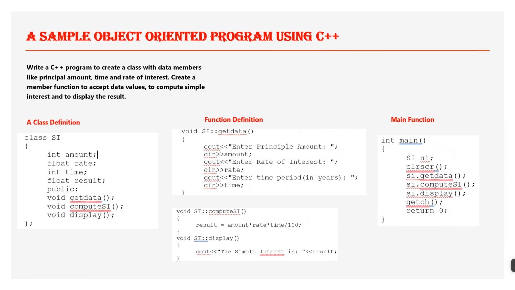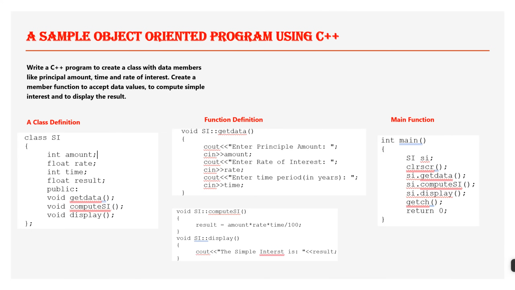The problem statement is given: write a C++ program to create a class with data members like principal amount, time and rate of interest. Create a member function to accept the data values, to compute the simple interest and to display the result.